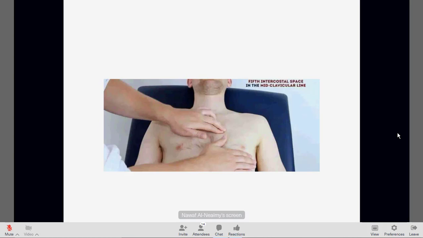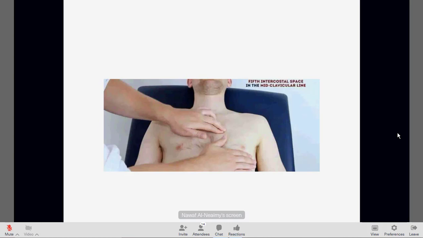And here you will try to feel the pulsation, the apical pulsation. The apex is the most inferior and the most lateral point of pulsation.